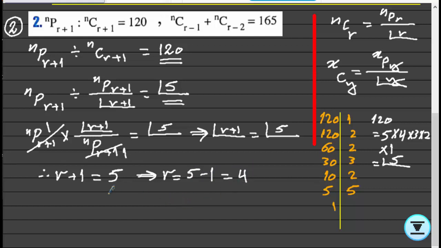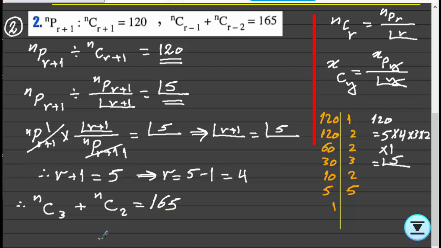Now we wanted to calculate n, okay, from the second part of the question here. So substituting r equals 4, what we get? nC4 minus 1 is 3 plus nC4 minus 2 it's 2 equals 165.